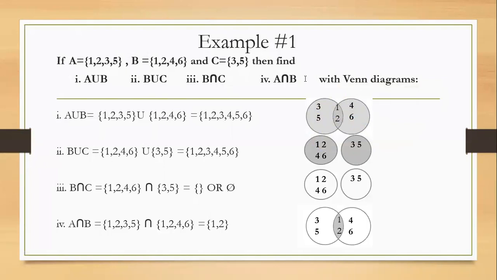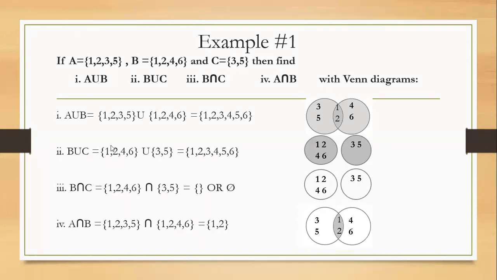Question number 2 is B union C. First copy down the elements of set B and then union, then copy down the elements of set C. Then by union, what we get? 1, 2, 3, 4, 5, and 6.